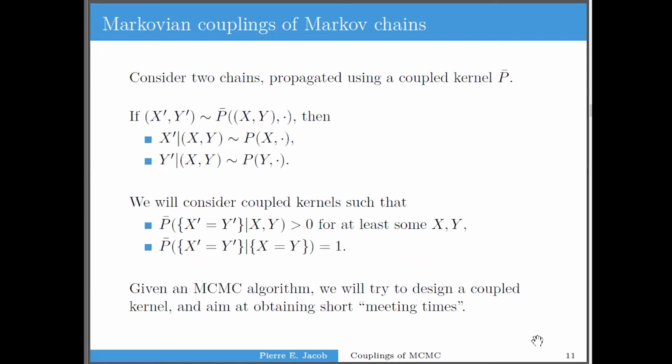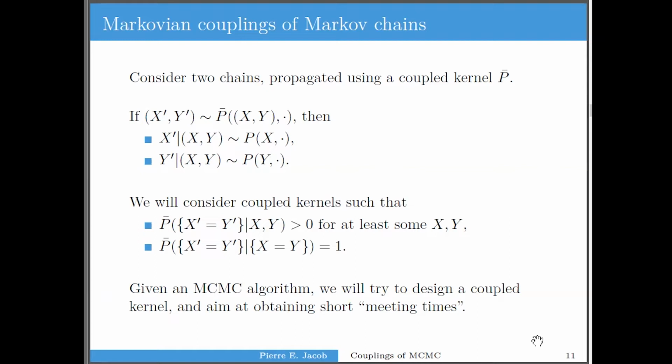So we'll focus next on a subclass of couplings called Markovian couplings. So those are the ones where X and Y evolve according to a Markov kernel, here denoted by P bar, that satisfy again the marginal constraints that X follows the Markov chain with transition kernel P and Y as well. But jointly so that the 2 chains can meet with some probabilities, at least from some states.